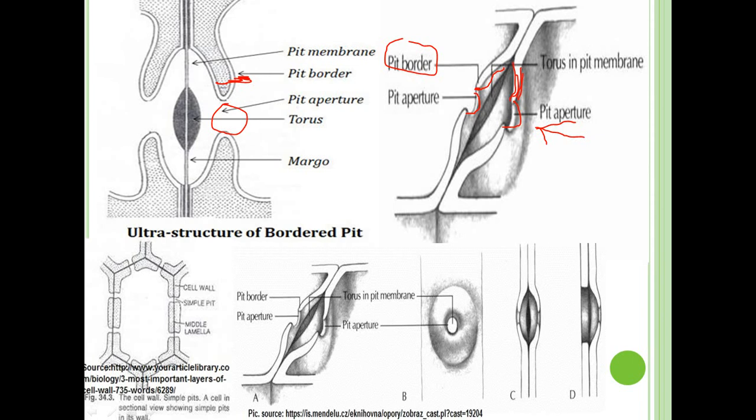There is a blind pit, which is a pit facing no complementary pit in front of it, and there is a half bordered pit pair, in which a bordered pit is in front of a simple pit. It gives something called a half bordered pit pair. This diagram discusses it in a way that explains how they look from a plant cell.